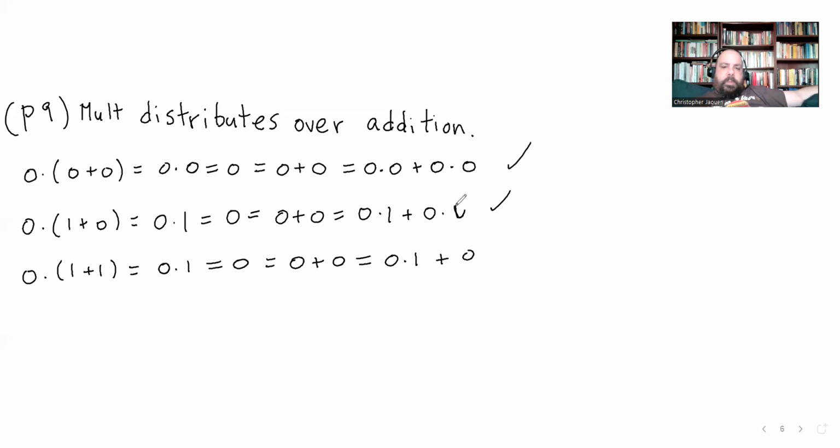Oh, I just realized there should be a 0 here. 0 times 1 times 0 times 1. That checks out. What else? We need 1 times 1 plus 0.